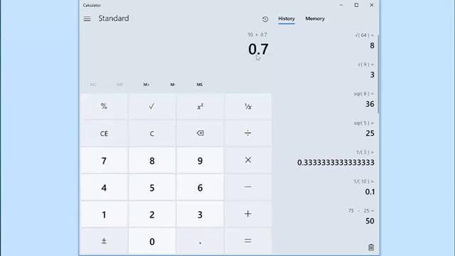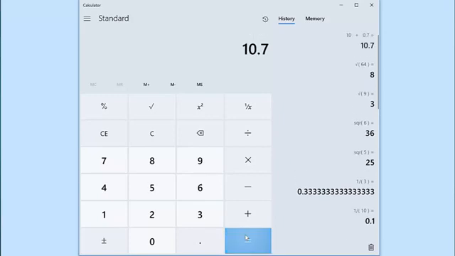And you can see the calculator calculated how much 7% of 10 is. And in this case, it's 70 cents. When I hit equals, it'll take that original price of $10 and add the tax of 70 cents, which would equal total $10.70.